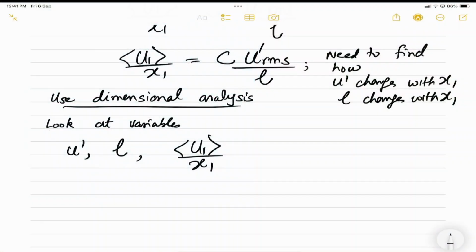Okay. Any other physical variable we have? The viscosity, nu. So these are our four variables.